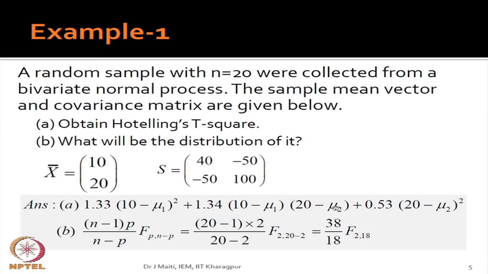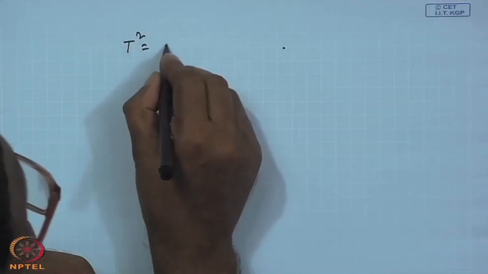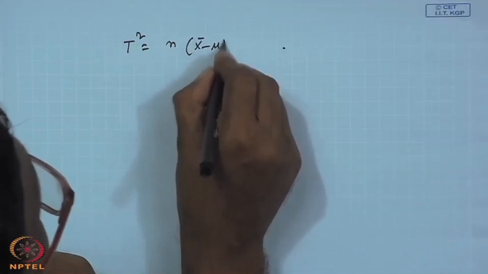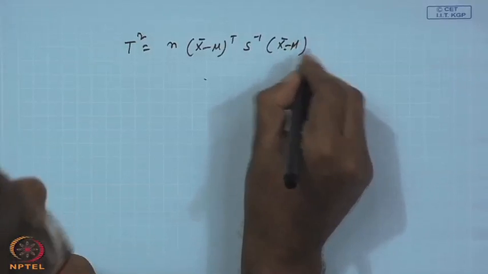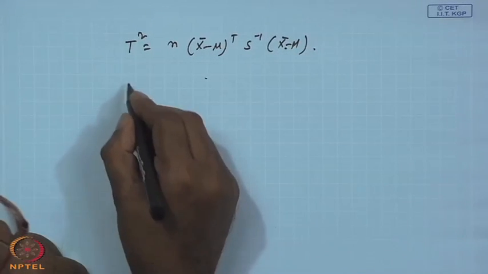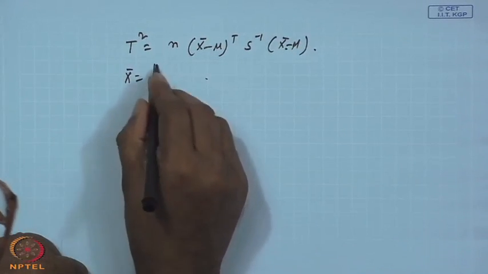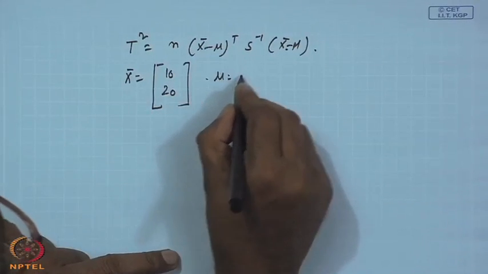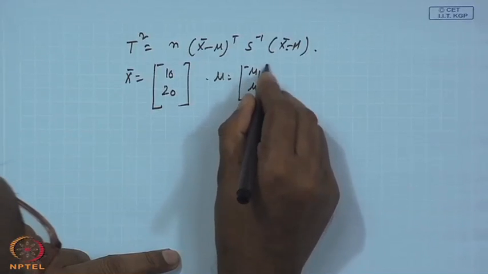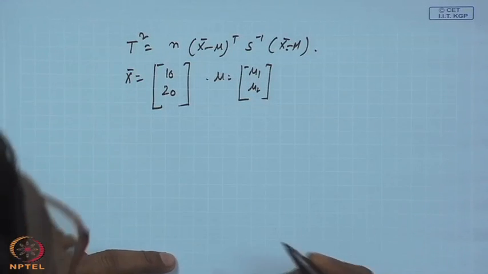For those of you who have not gone through that computation, please see what this T square is: n times x bar minus mu transpose S inverse x bar minus mu. What is your x bar? X bar is given as 10, 20. What is your mu? Mu is mu 1 and mu 2, because it is a bivariate case.